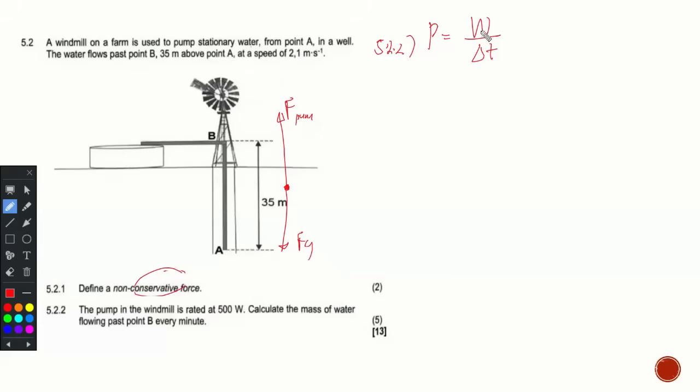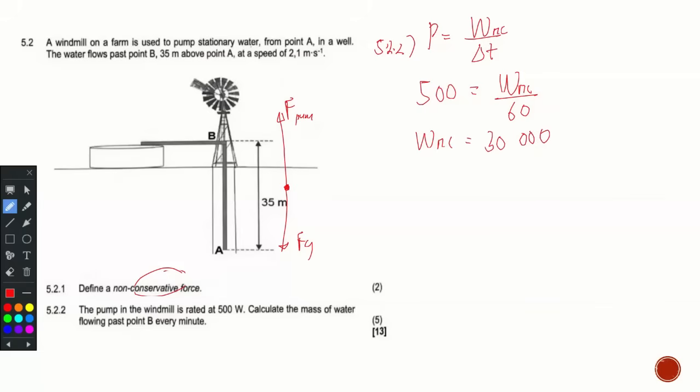So work done is W or WNC. Now the power is what? 500. And then we are looking for the work done by NC. And then delta T here will be what? 60 seconds. So if we cross multiply there, we are going to have WNC is equal to 500 multiplied by 60, which is going to give us 30,000.